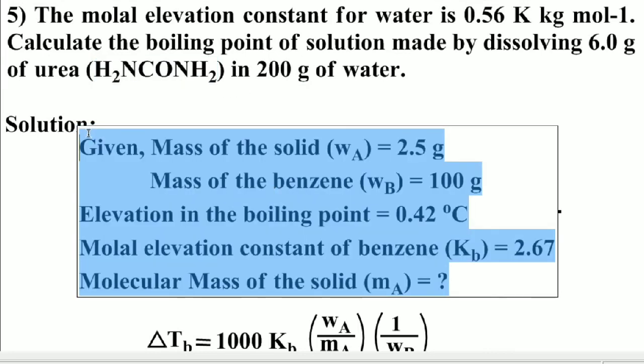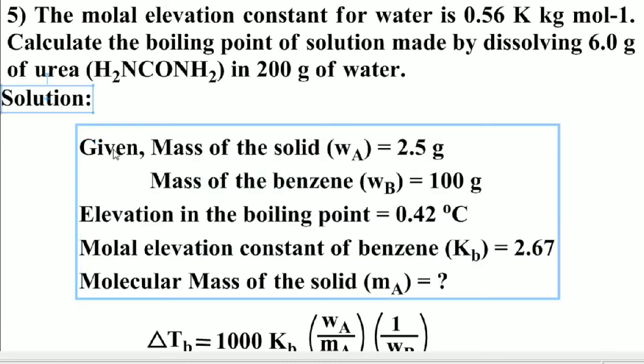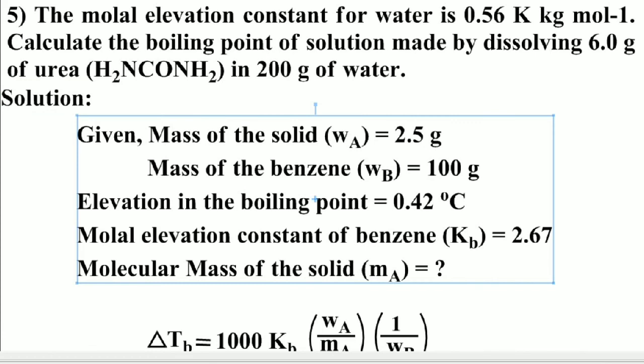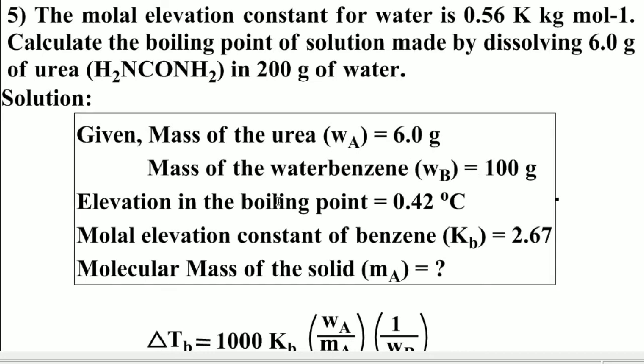So students, first we write the given data. Solution for the given problem: the mass of the urea, that is the solute, WA, is equal to 6 grams, and the mass of the water, which is the solvent, WB, is equal to 200 grams.